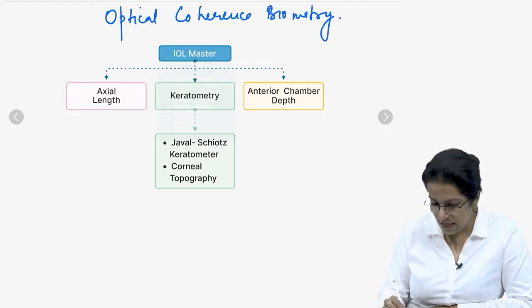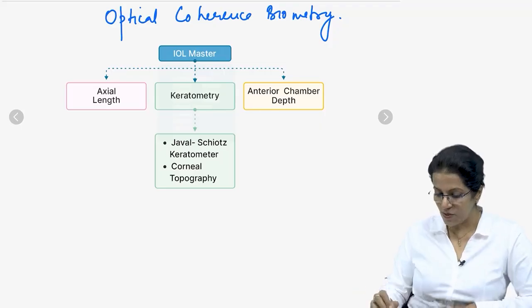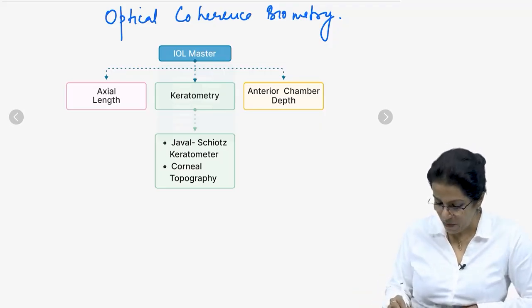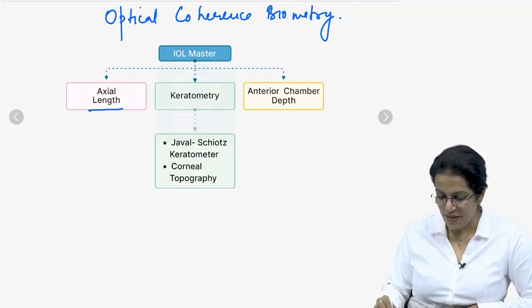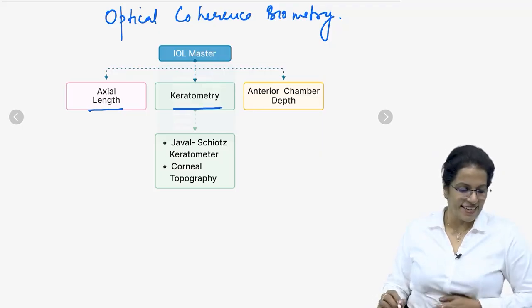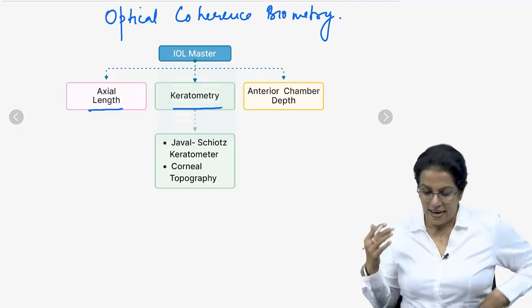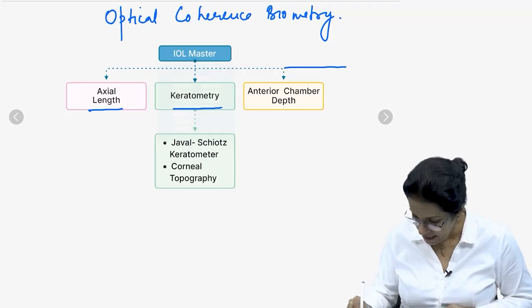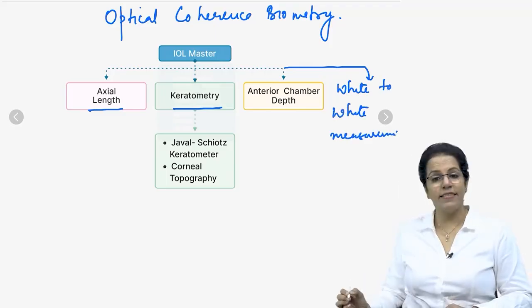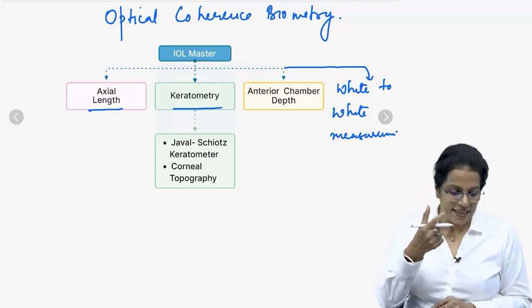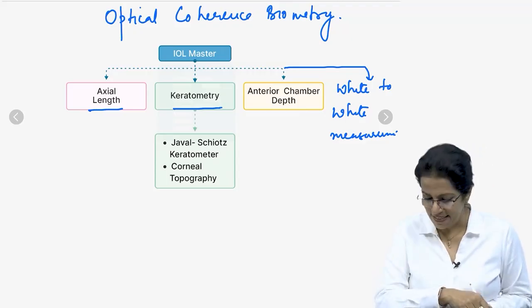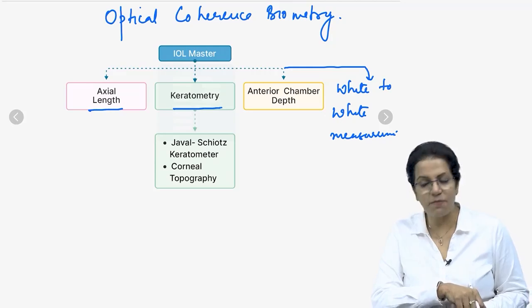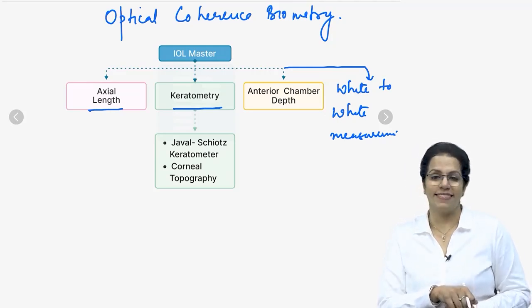This is a non-contact method, and this instrument is called master because it will measure the axial length, it measures the keratometry reading, it is going to measure your anterior chamber depth, and one more which has been missed here is white to white measurement. White to white measurement, that is from one limbus to another limbus. So these are some important measurements you can do with IOL master.